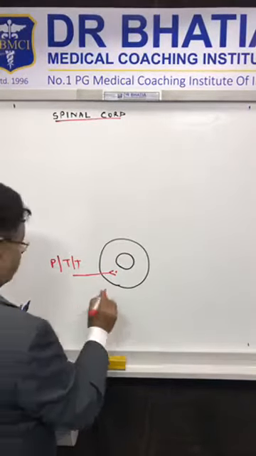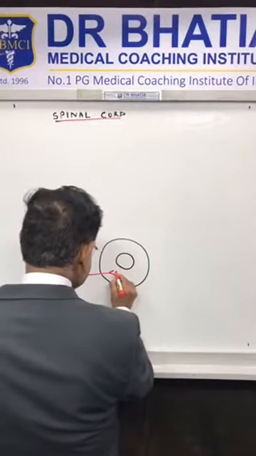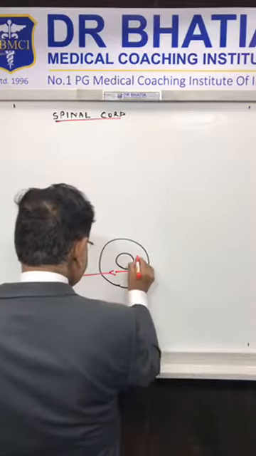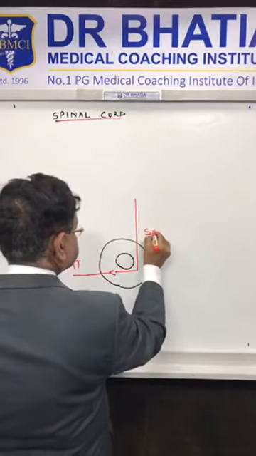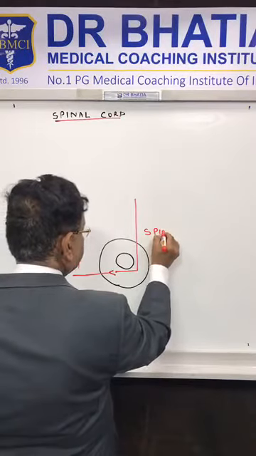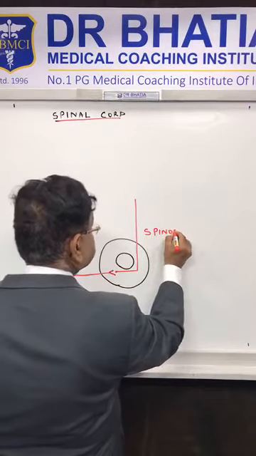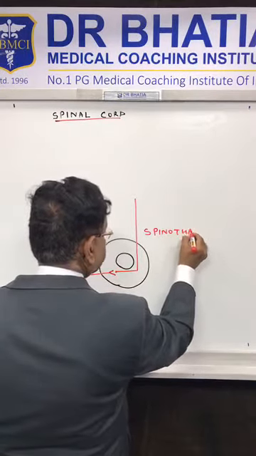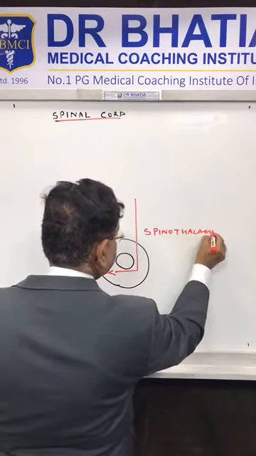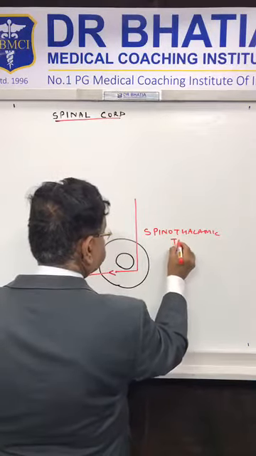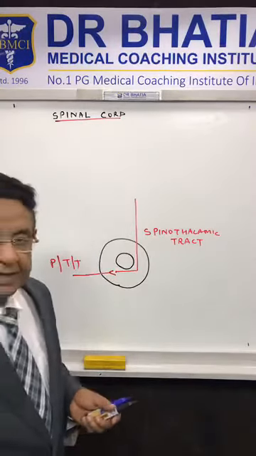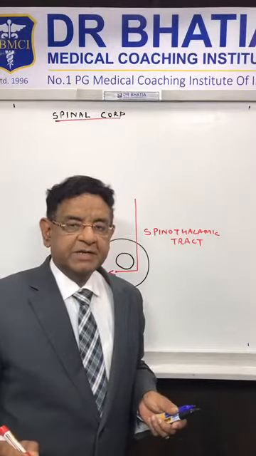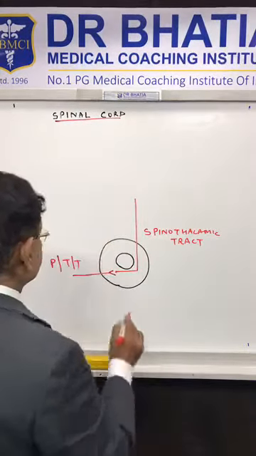Second order neurons cross to the other side and travel upward in the spinothalamic tract. Okay, anterior and lateral spinothalamic tract.